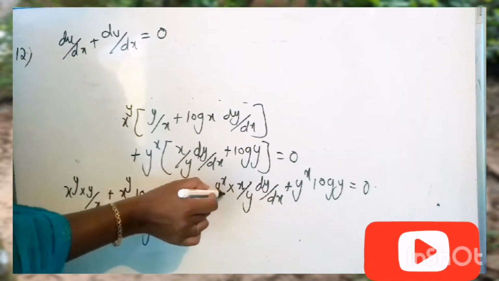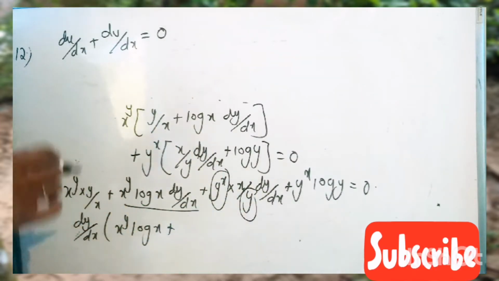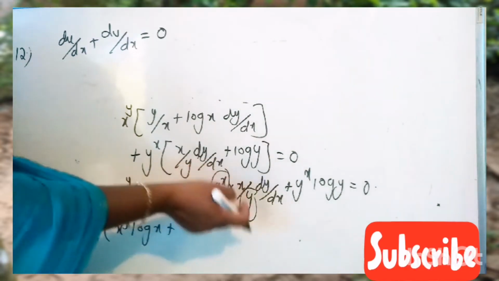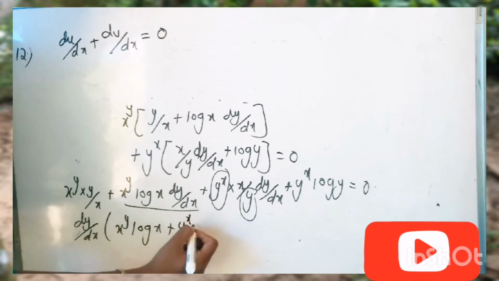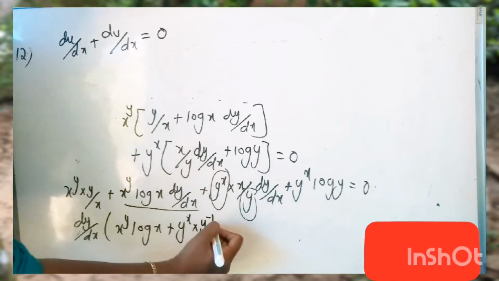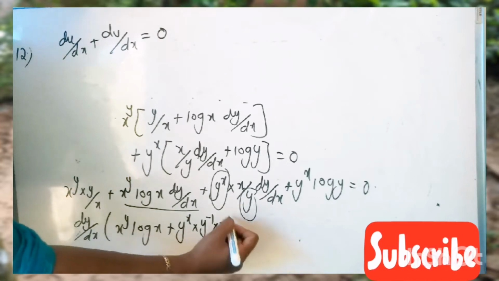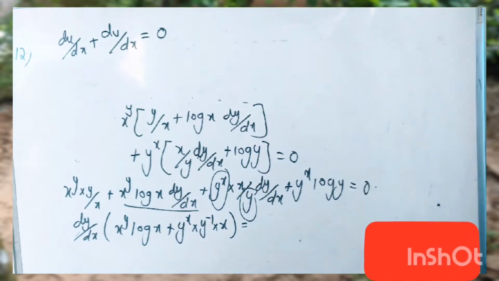Now just look at here. Here we have y raised to x and here we have 1 by y. That 1 by y we can write as y raised to minus 1. That is y raised to x into y raised to minus 1, and we have one more x. Equal to, take all other terms into RHS.